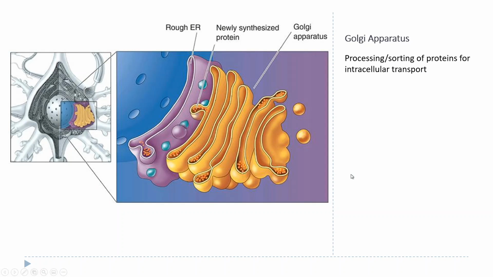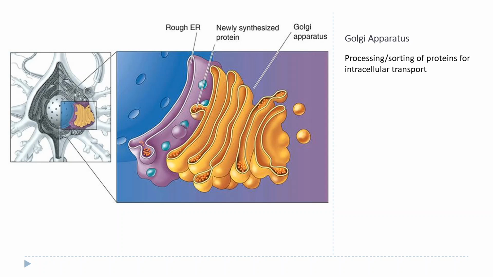The Golgi apparatus is the other major membrane-bound organelle of the cell, and its function is mostly as the shipping department of the cell. So as membrane-bound proteins are synthesized on the rough ER, they get packaged into little vesicles. Those vesicles then fuse with the Golgi apparatus, and the proteins might go through some processing.